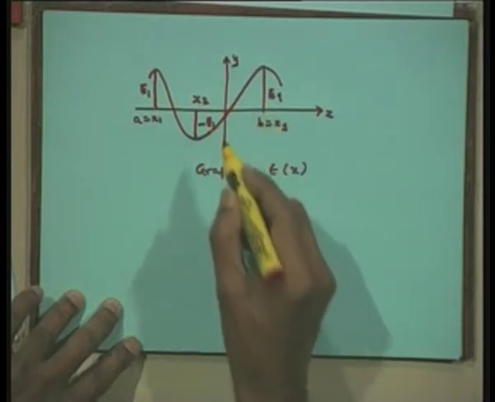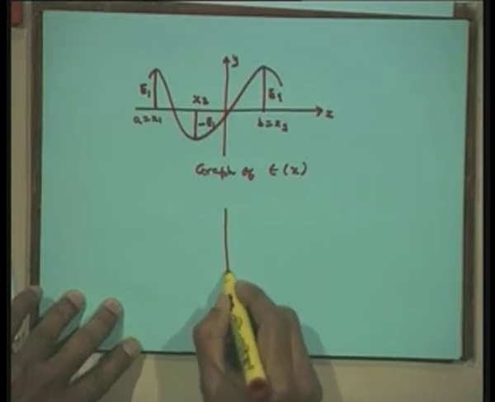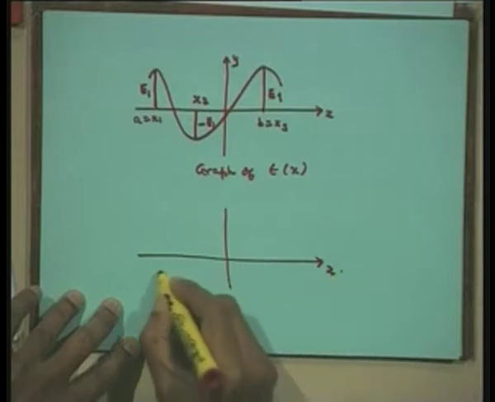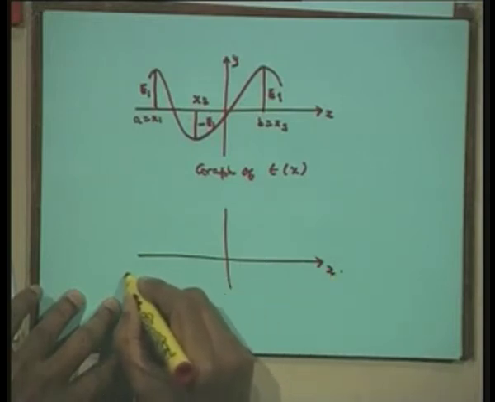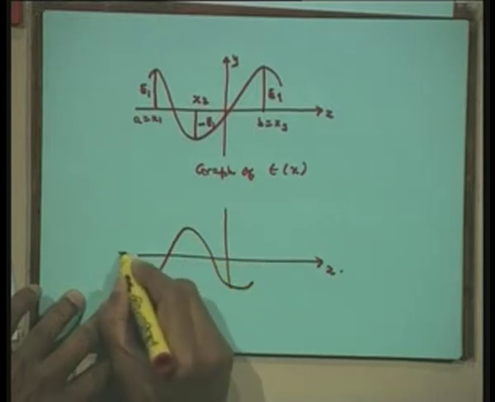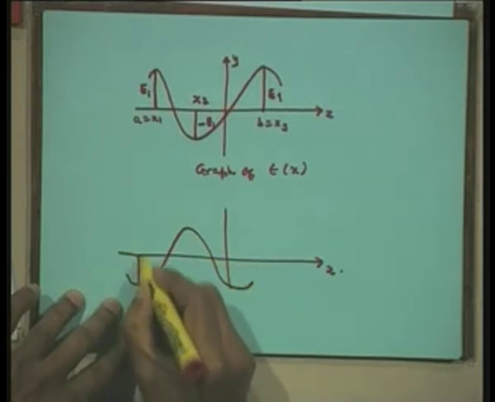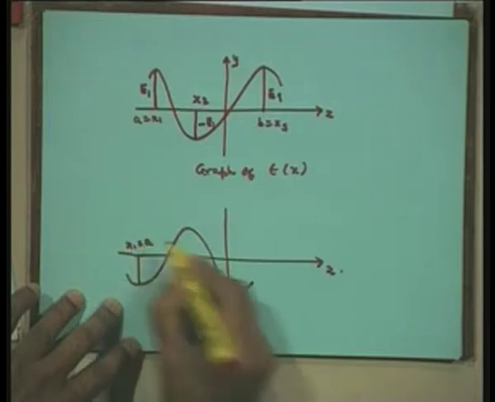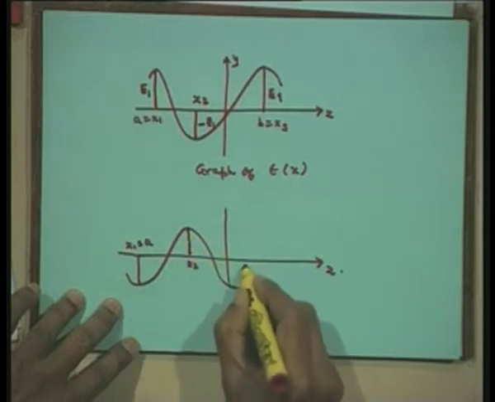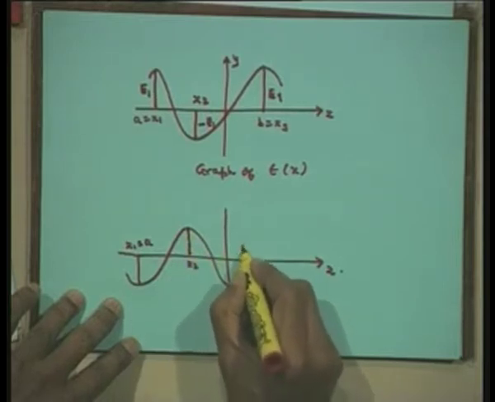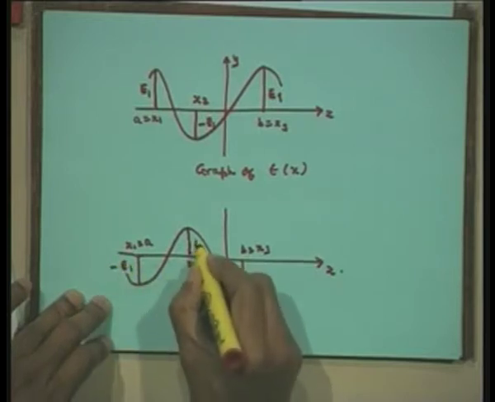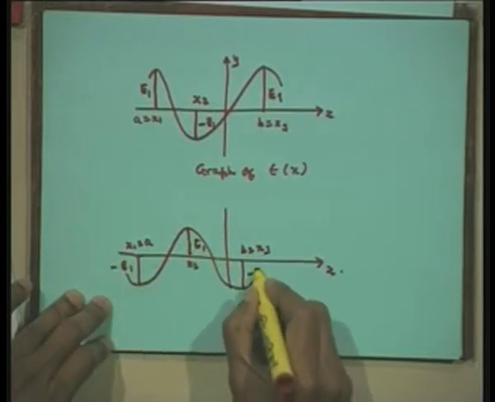However, it is not necessary that the graph should be like this. We can also take a graph like this. I can have this point as A, this will be my x 2 and this will be my B. In this case, it will be minus E 1, this will be E 1, this will be minus E 1.